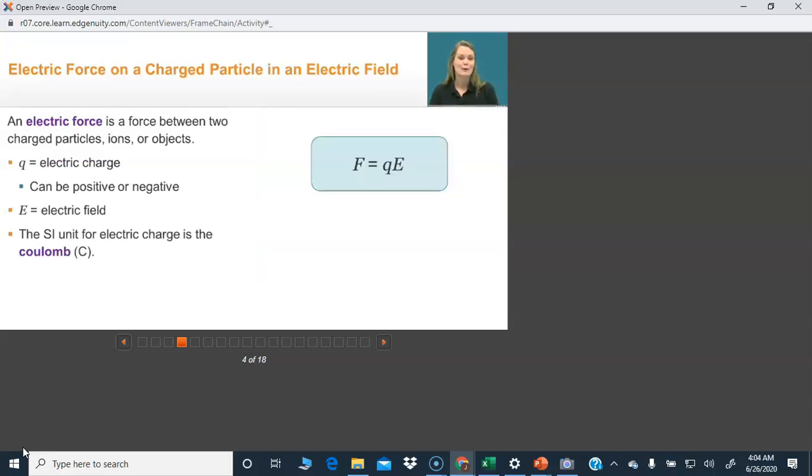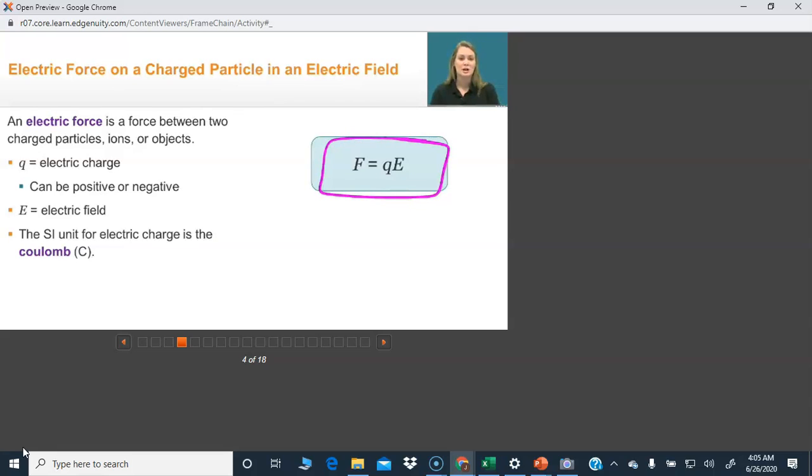An electric force is a force between 2 charged particles, ions, or objects. The electric force acting on a charged particle is determined from the charge of the particle and the magnitude of the electric field that it's in. This can be represented mathematically by the formula force equals charge times electric field.